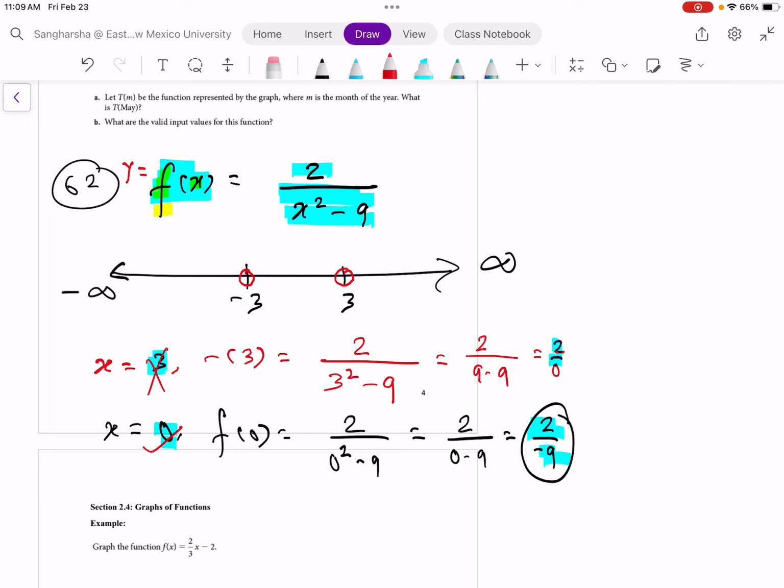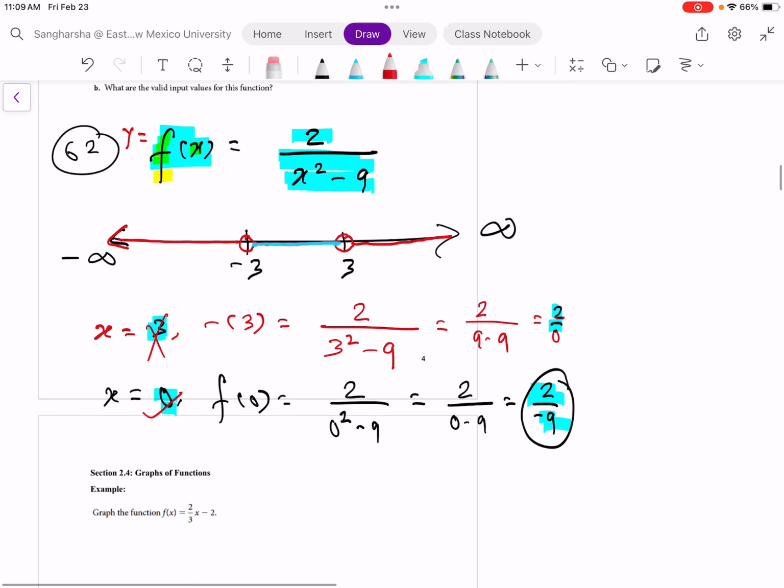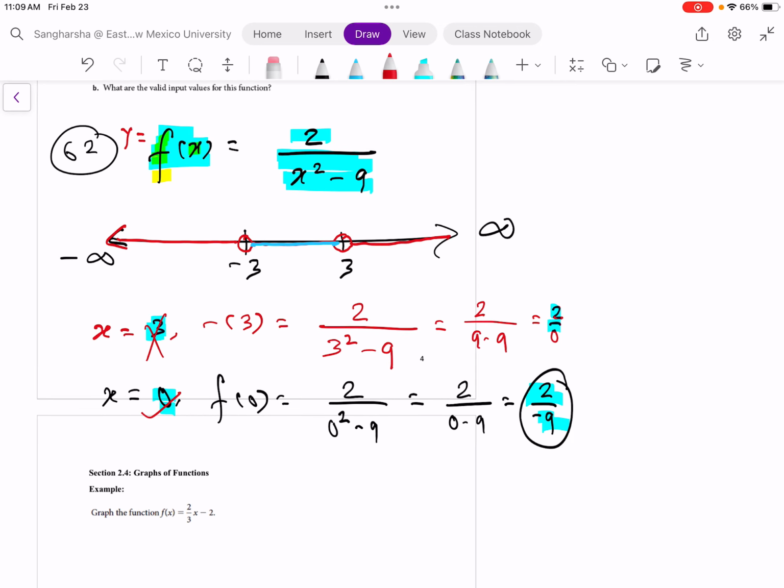Okay, so every number other than these 3, every number on the left of negative 3 is in the domain. In between negative 3 and positive 3, these are the domain. And any number on the right of 3 is in the domain. Only two numbers, negative 3 and positive 3, are not the domain. Now let's write each part of this number line in interval notation.